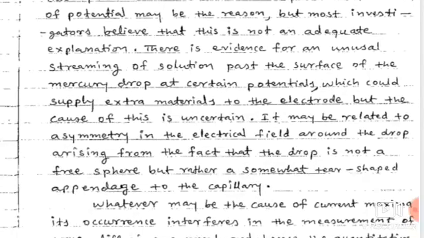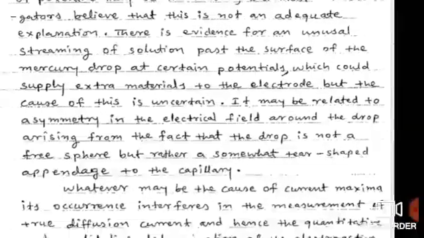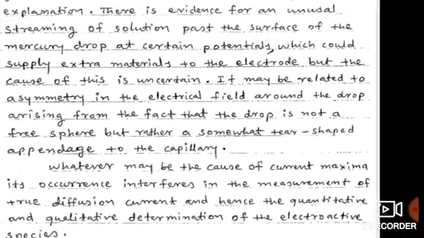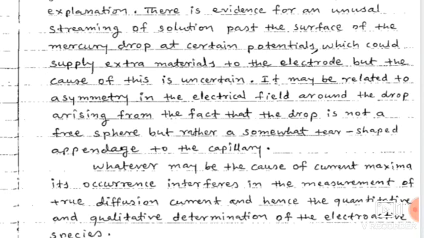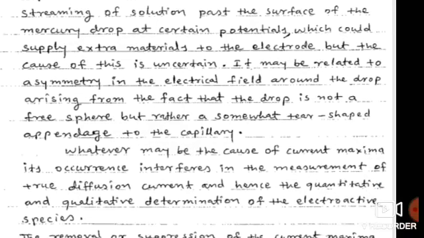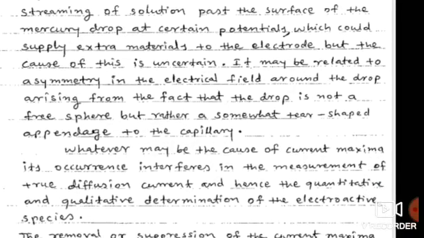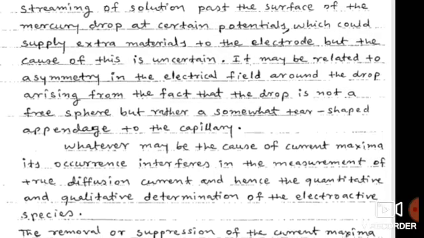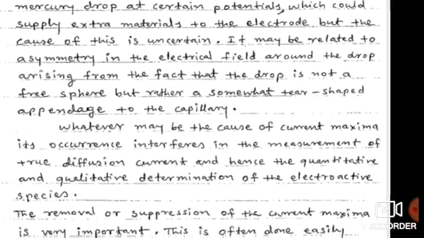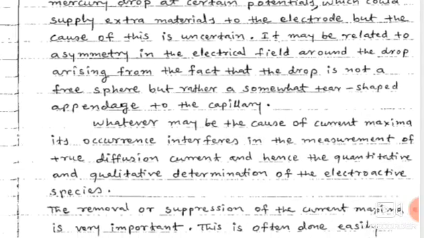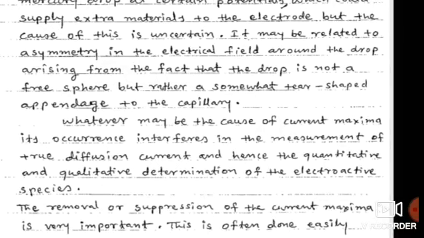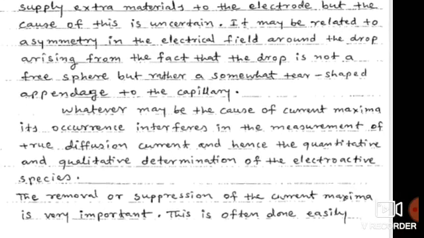There is evidence for unusual streaming of solution past the surface of the mercury drop at a certain potential, which could supply extra material to the electrode, but the cause is the electrical field around the drop, arising from the fact that the drop is not a free sphere, but rather a somewhat tear-shaped appendage to the capillary.